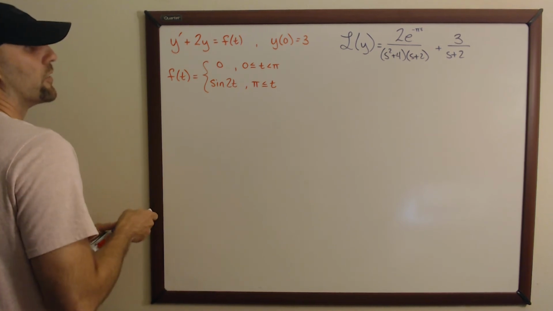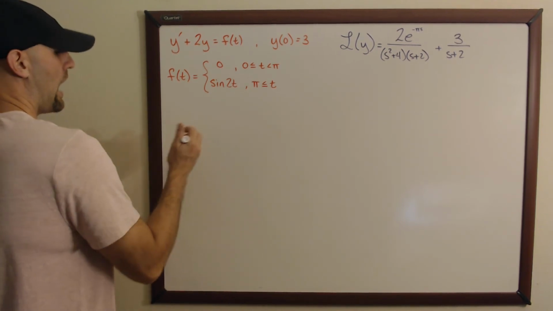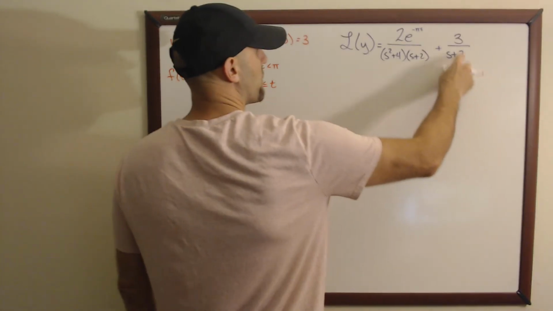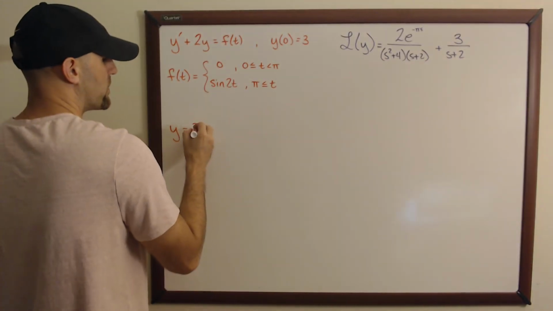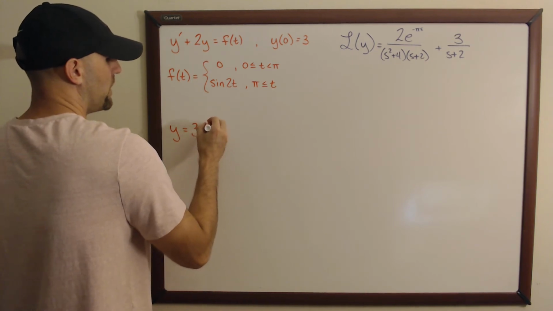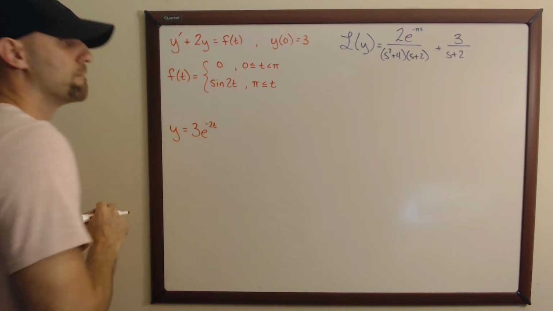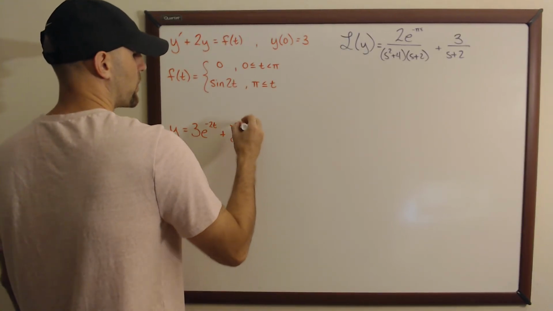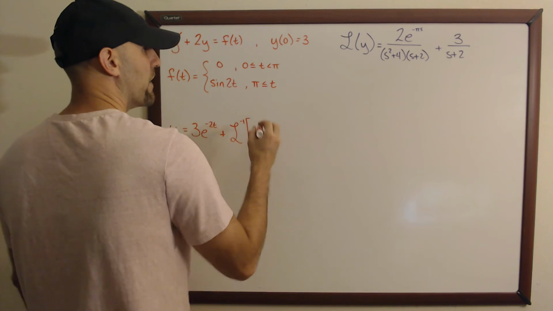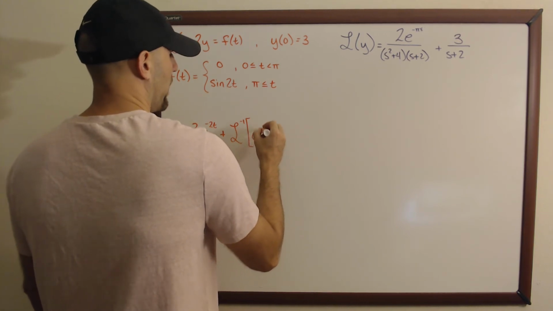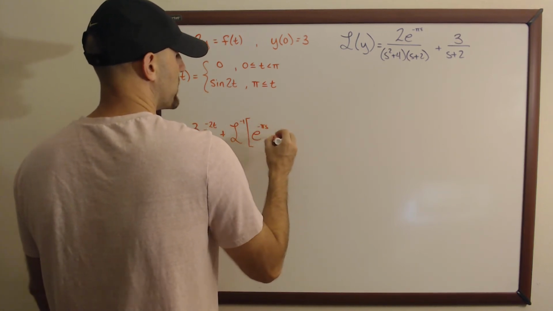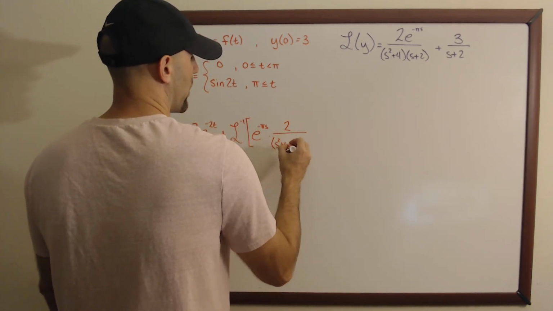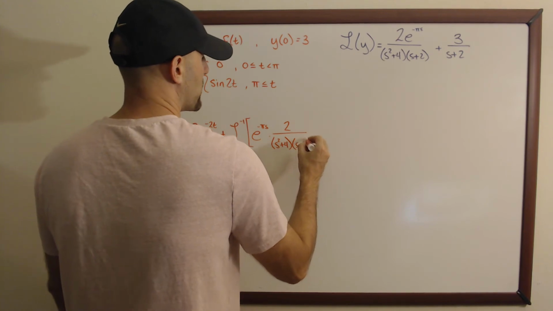Okay, so let me write it. So what I have here, I have that y is equal to, okay, the inverse translation for 3 over s plus 2 is 3 e to the negative 2t. Okay, so plus, here's what I need to put some effort into, the inverse Laplace transform of e to the negative pi s times 2 over s squared plus 4 times s plus 2.